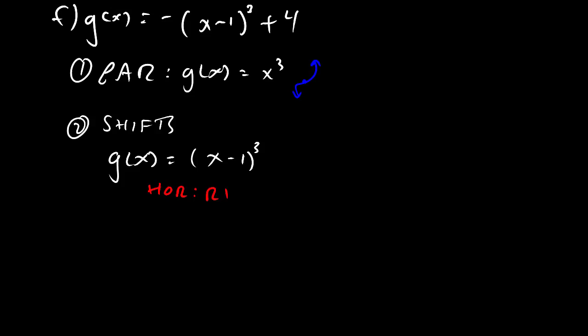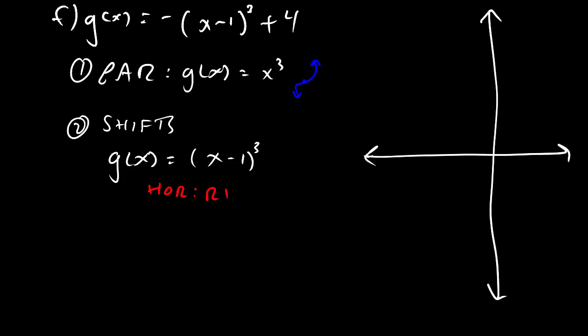Oh my gosh, we don't even have our coordinates. Come on, Mr. Hill, get it together. We're going to go right 1. g of x is equal to negative. Ooh, here we go with a negative again. What's the negative do? It's a reflection. So if it did look like our blue, we reflected. It looks like this.